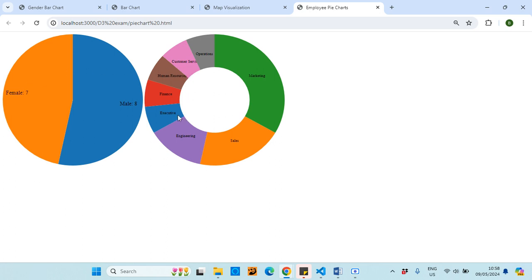For the donut, where we declare the inner radius, it cuts out the inner radius, and that is why we have a full pie chart for gender. For the departments, it's not necessarily full. Okay, just for time, I'm going to rush through the rest of the stuff so that we get done faster.